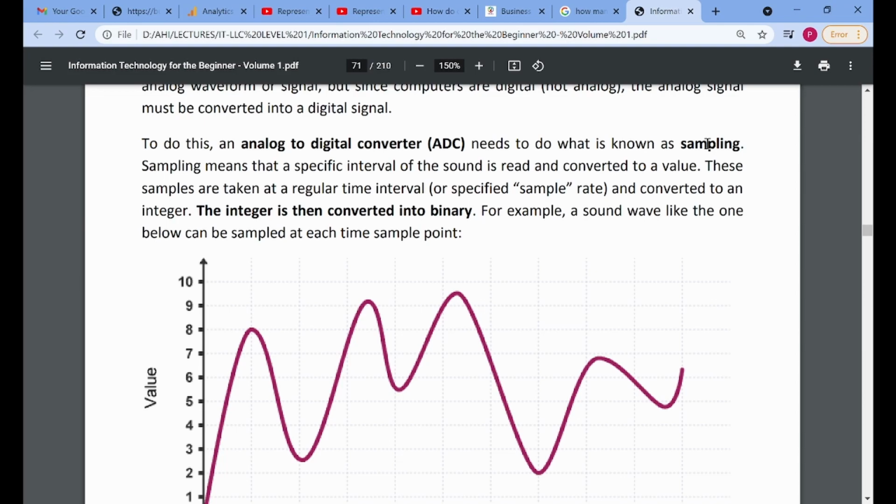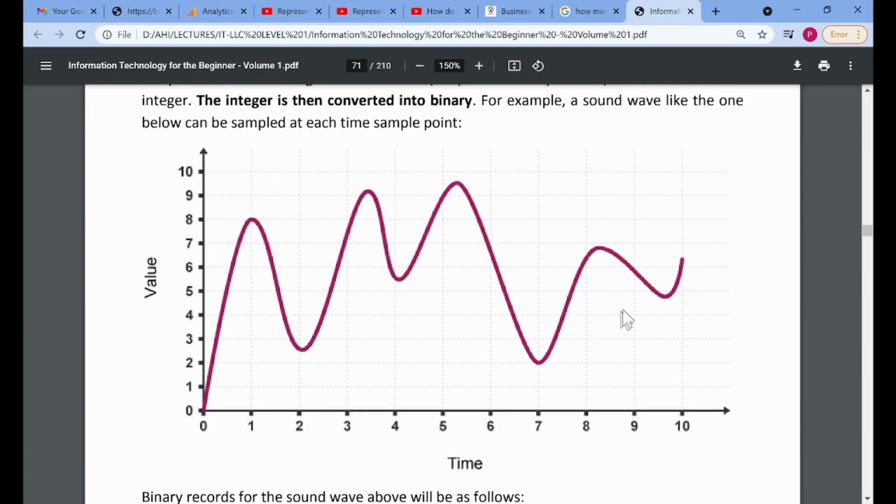When these vibrations are coming through the microphone cable, records are taken. These records are simply the loudness of the wave. When I say loudness of the wave, let me use this graph to explain what I'm saying.